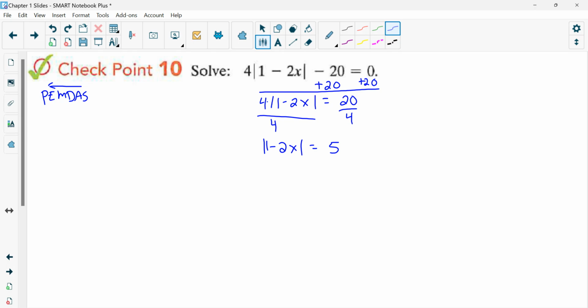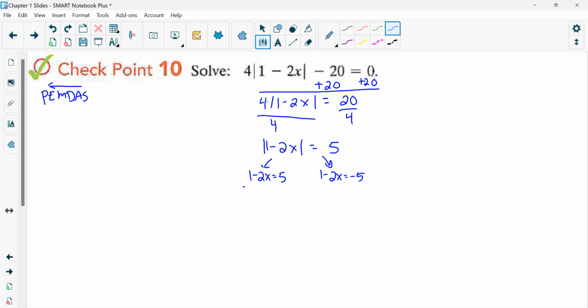Now that the absolute value is isolated, we can go ahead and split into our two equations: 1 minus 2x equals 5, and 1 minus 2x equals negative 5.